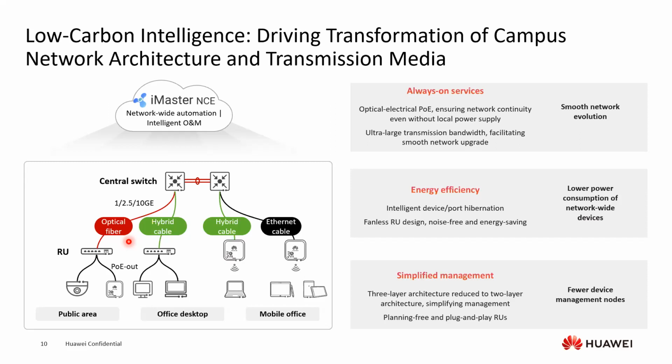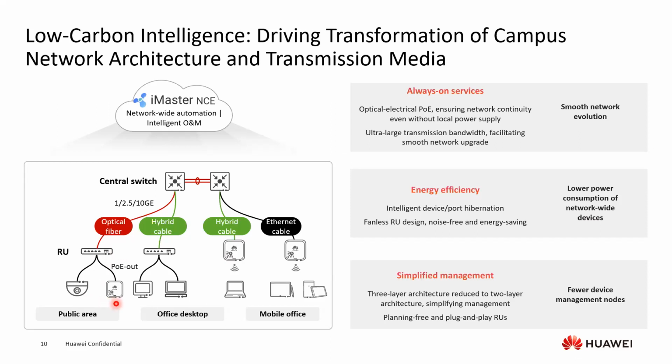So what we do over here is that we have a central switch. The central switch can have optical fiber, hybrid cable, or Ethernet cable out. And through the hybrid cable, we can connect the RGU. The RGU is a remote unit that will be placed, for example, in the next building, or on a different floor where we want to provision surveillance cameras or access points.